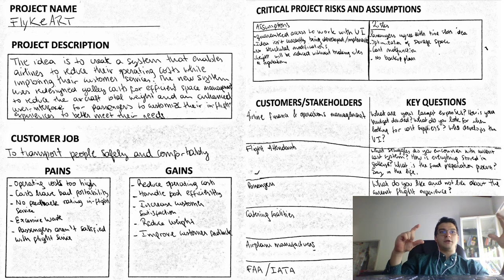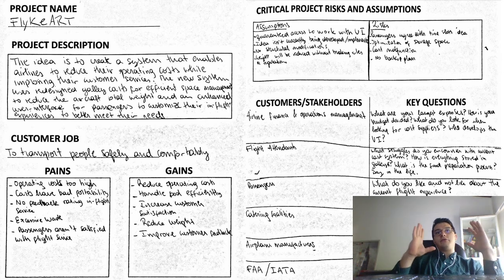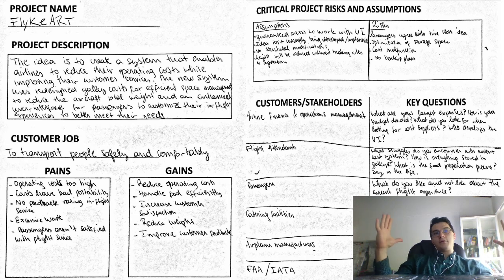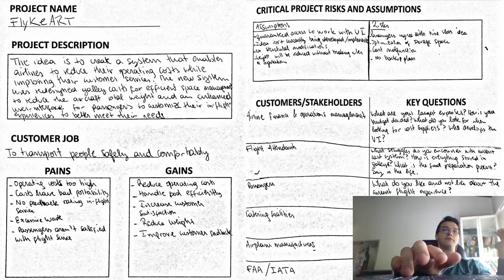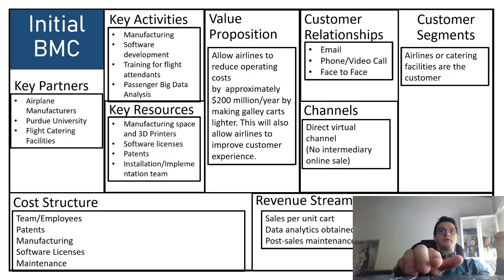So the description, the job of the customer, so what they do, what their pains are, and what great benefits they could have from implementing our idea, right? Then we had some assumptions and risks, and then some customers and some key questions, right? This is kind of like an overall map of the macro benefits of developing the idea. So you could use a similar framework as well to be helpful.